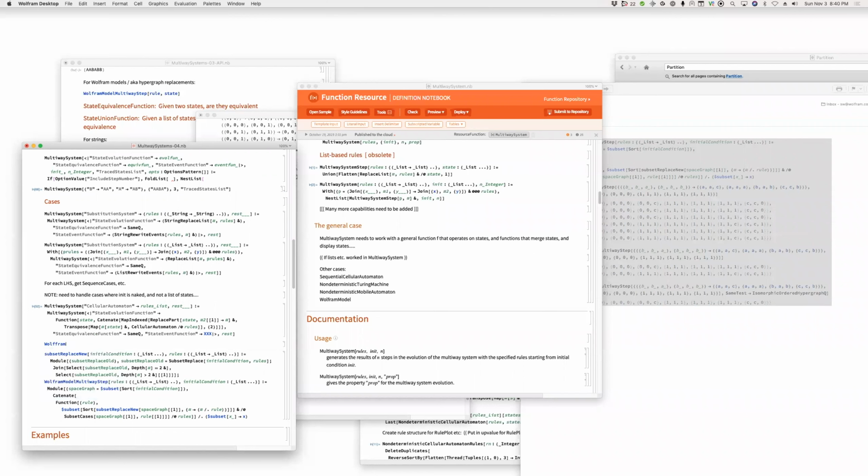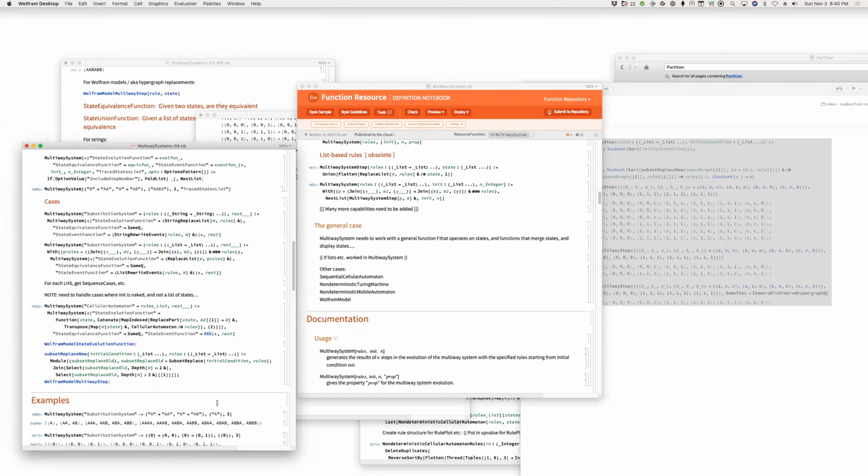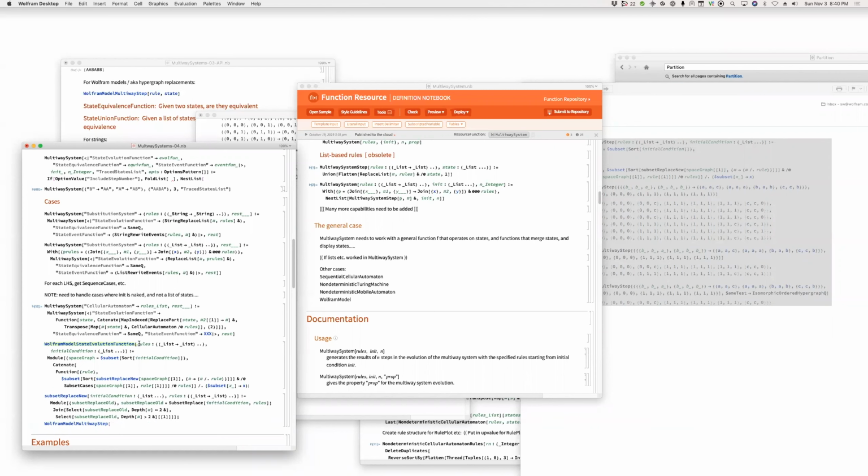Okay, so this is Wolfram model state evolution function. Which does need to be cleaned up because it could be an actual Wolfram model that's in there. Okay.